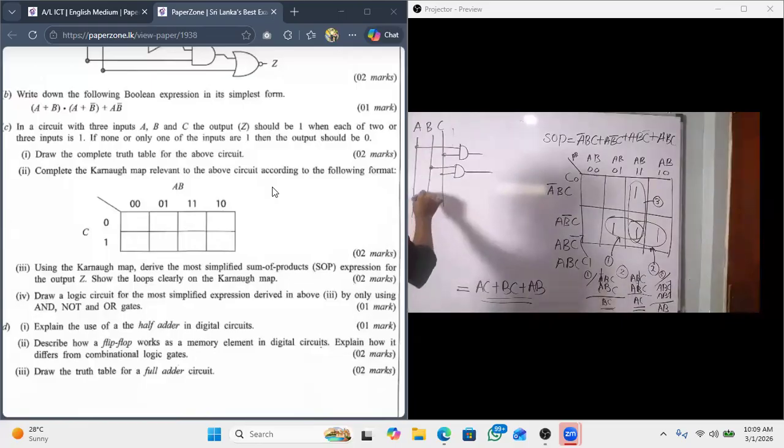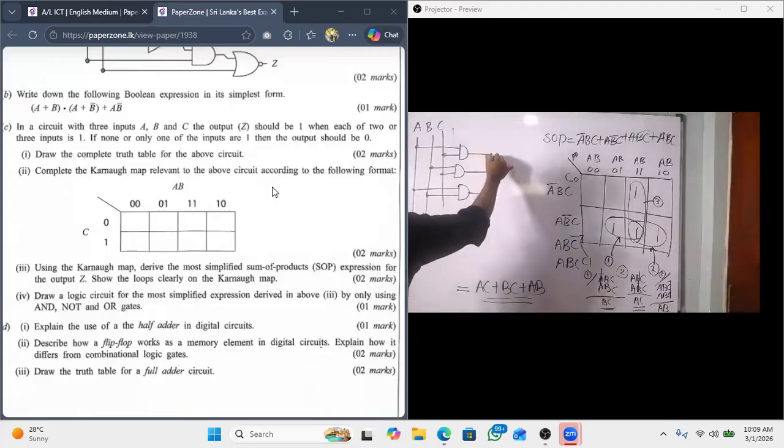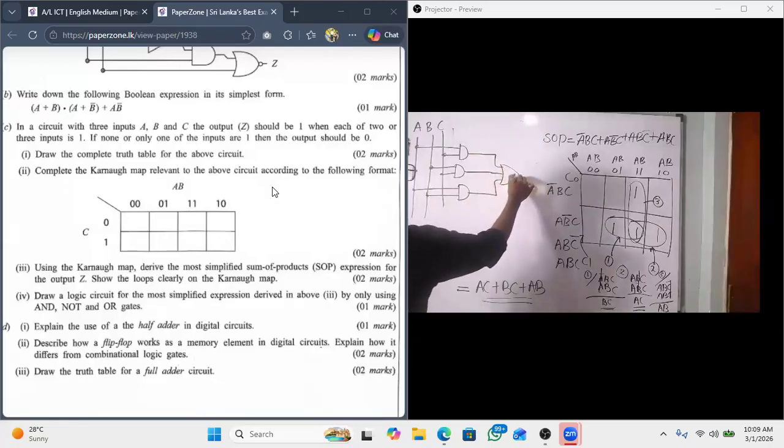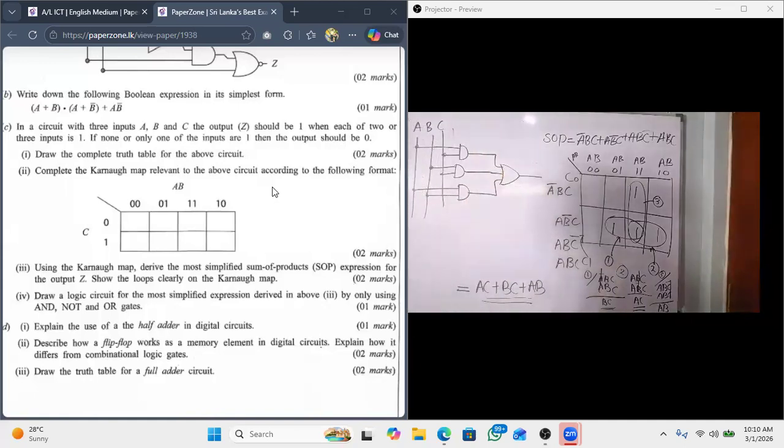AB, multiplication, another AND gate. And finally, all plus. You can pass it through an OR gate. OR gate, not any other. This is your simplified circuit. Is this correct? Nothing big. Right.